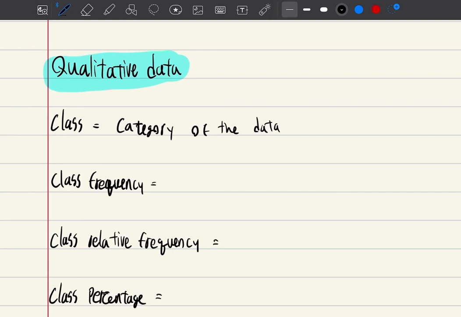Second, class frequency. The class frequency is the number of observations in the dataset falling into the particular class. So, in an easier way, class frequency is just the number of responses in each category.